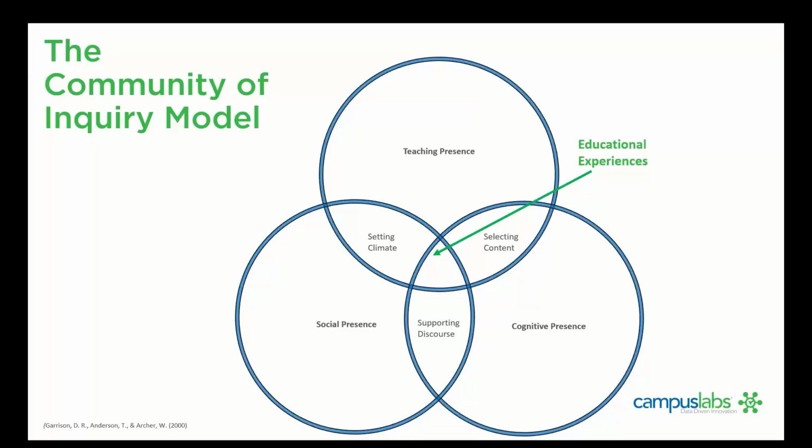Now, this framework is built upon three dimensions. As you can see here, it's outlined, and I'm going to go through each one. First, the teaching presence, which is at the top, is defined as the design, facilitation, and direction of cognitive and social processes for the realization of meaningful learning.